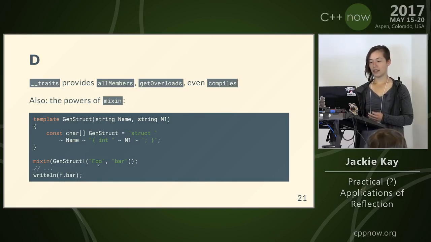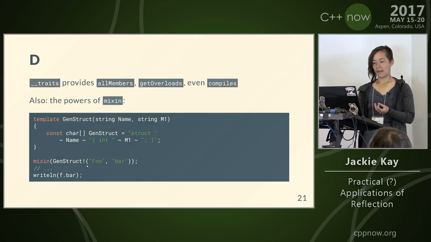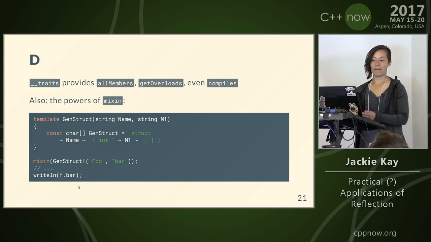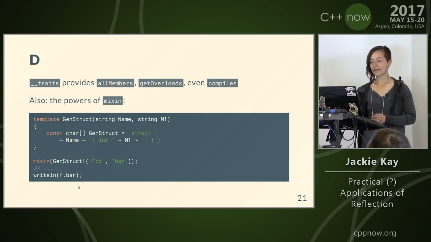I apologize if you're not familiar with the syntax. I'm also just getting used to it. This is like some of the first D code I compiled. You can pass a constexpr string to this definition of defining a struct template, and then just create a foo with a bar member. I think this is pretty cool.